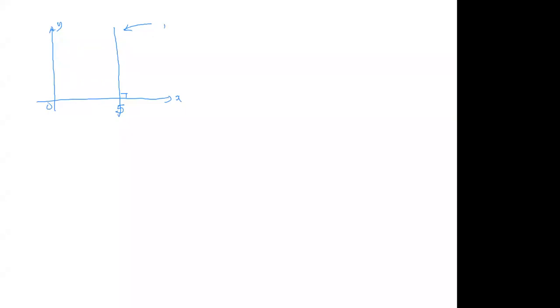Yes, so x equal to 5. So this is the vertical straight line. So be careful of the words vertical and horizontal. Still remember? Okay, I might as well put it here.